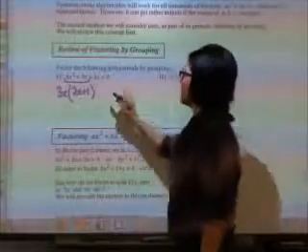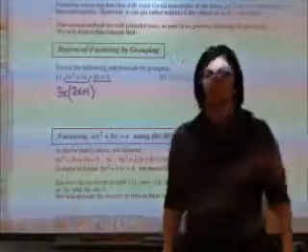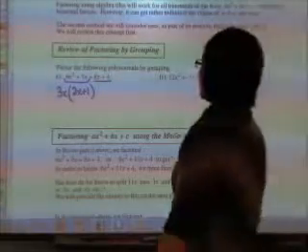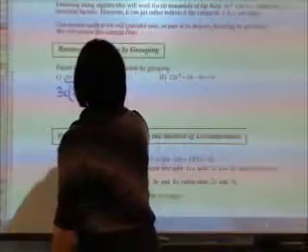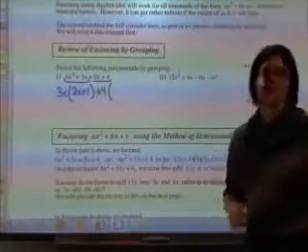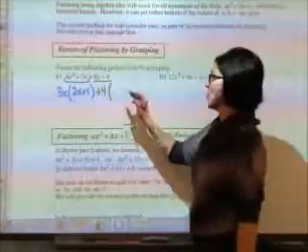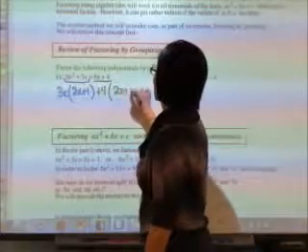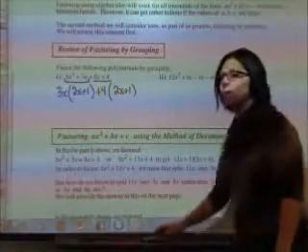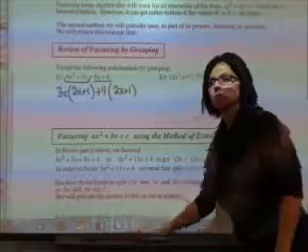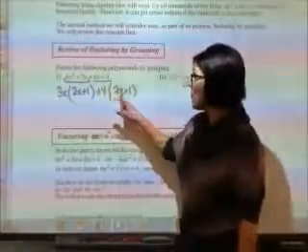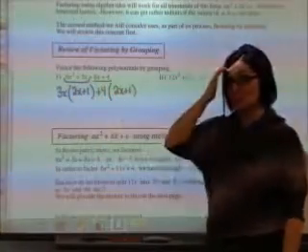Then if I looked at my 8x plus 4, what do they have in common? 4. So if I remove the 4, factored out the 4, what would that leave me with? 2x plus 1. What do I have now? I have a binomial because I only have 2 terms.